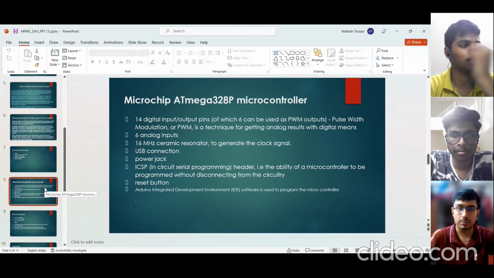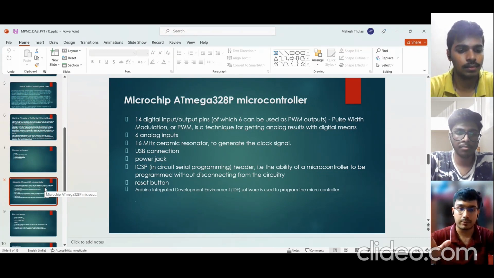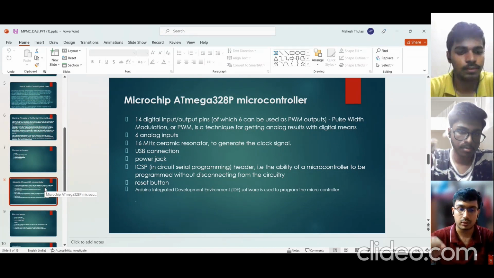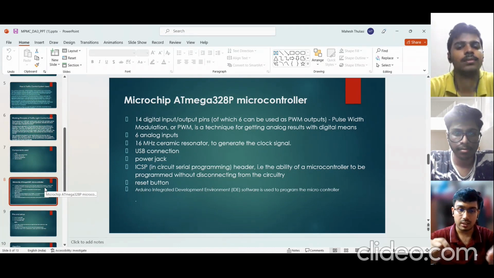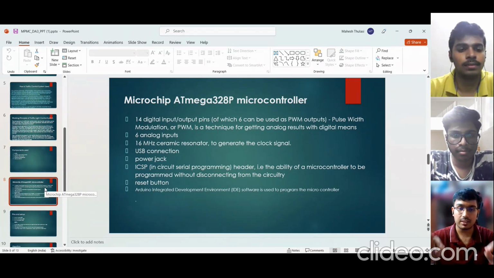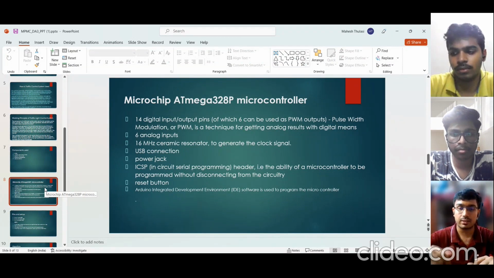There was also a USB connection needed to connect with the laptop, and a power jack system. ICSP, in-circuit serial programming header, has the ability for a microcontroller to be programmed without disconnecting from the circuitry. And there is a reset button as well. Now, proceeding to the next slide.